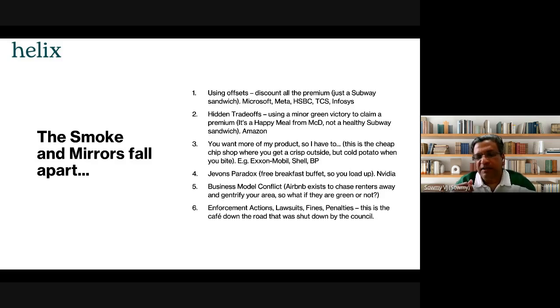Shell is famous for basically selling offsets 5 years early, right? So what they did was they did a carbon capture project somewhere in the US, and they sold the offsets to clients for 5 years before actual delivery, right?